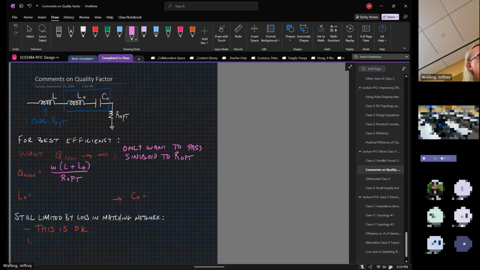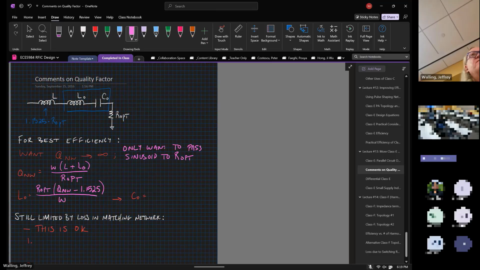And we know what X opt optimally is, so we can solve for what L naught, which is the portion that's going into the series resonant network, is. That's equal to R opt times Q network minus 1.1525, divided by omega.